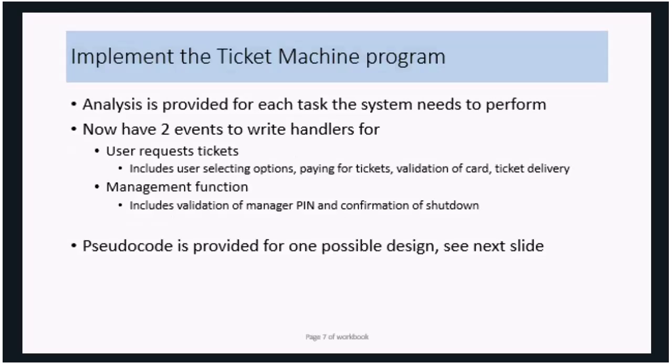So in the case of the ticket machine, you have been given the analysis for all of the tasks that the system needs to perform, and that's on page 7 and 8 of your workbook. We can see that there are two events that we need to write handlers for. One is the user requesting tickets, and that includes all the stages of the user selecting their options, paying for their tickets, the validation of their payment card, and the delivery of tickets.